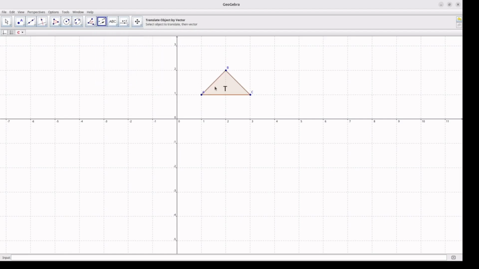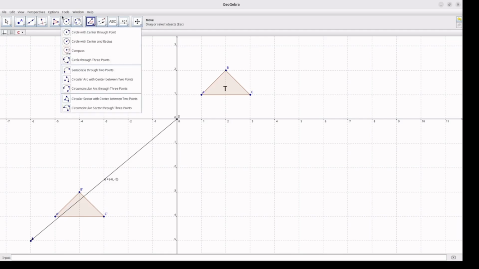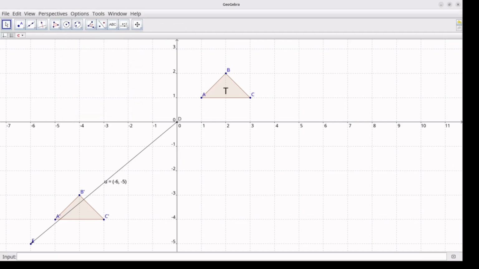Let's translate this with the vector (-6, -5). And that's your image down. That's the vector there, so that's the image.